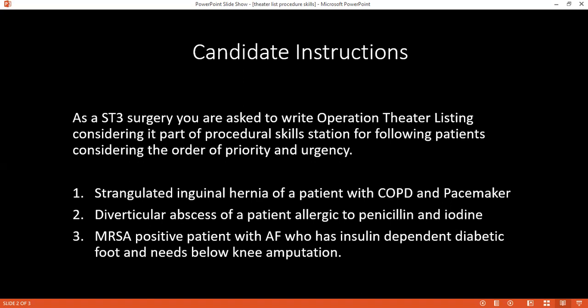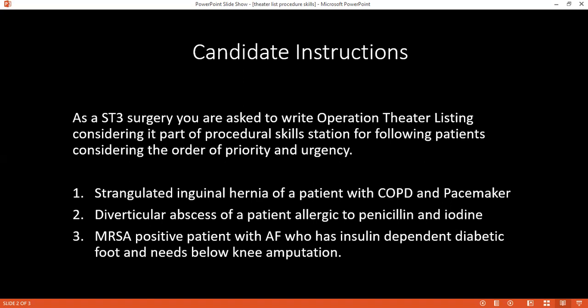Okay, can you please tell me what is the listing according to the National Confidential Enquiry into Patient Outcome and Death? What are the conditions categorized under emergency surgery? Yes, madam. Number 1, immediate, priority 1, like abdominal aortic aneurysm rupture, which are life-threatening and limb-threatening.